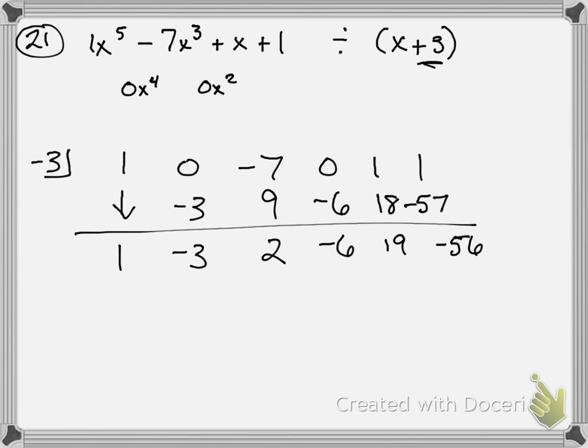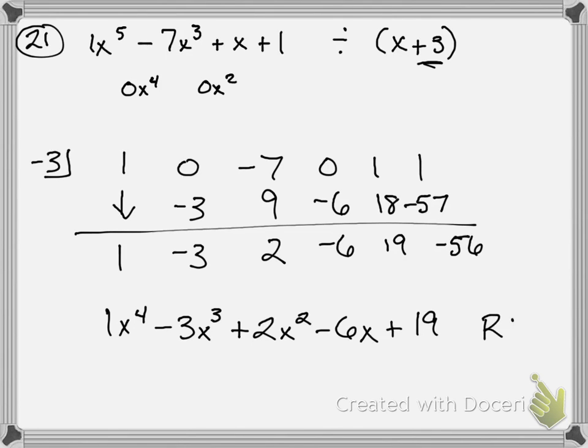So my answer here is 1x to the fourth minus 3x to the third plus 2x squared minus 6x plus 19. Remainder is negative 56.